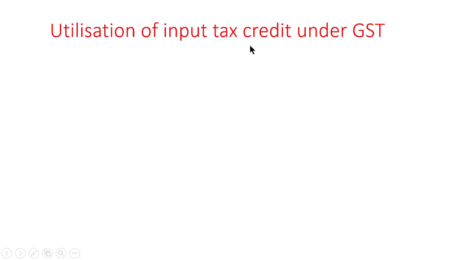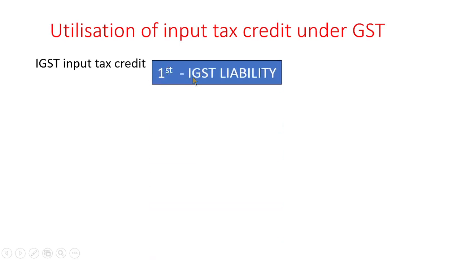Next, utilization of input tax credit under GST. So if you have an input tax, you cannot set off this tax as you wish. There are some rules. So if you have an IGST input tax credit, because you paid an IGST amount for interstate supply, the IGST input tax credit can be utilized first against IGST liability.